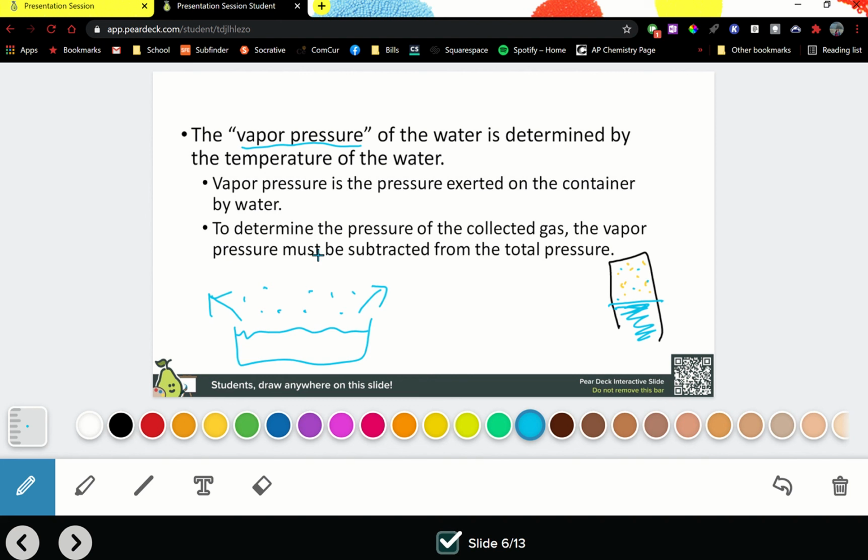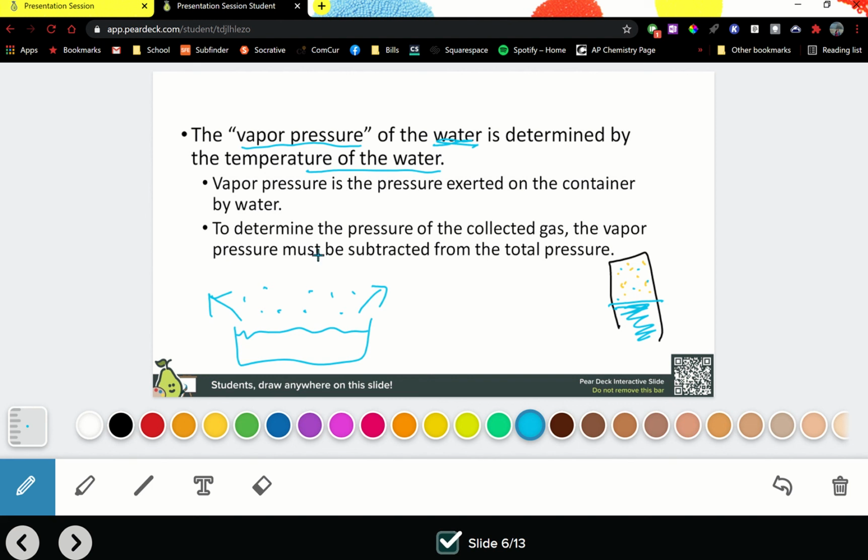So we call that vapor pressure because the vapor pressure is from water vapor. Okay, now it's going to depend on the temperature of the water. The warmer the water is, the more particles are going to have more energy, and the more particles are going to be able to escape and join our gas that we've collected. So now we have a mixture of gases.